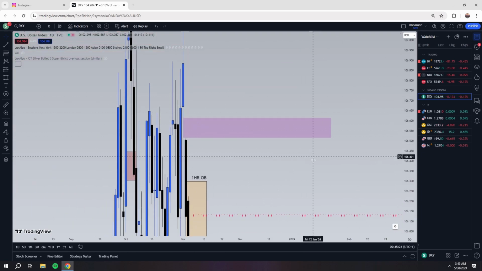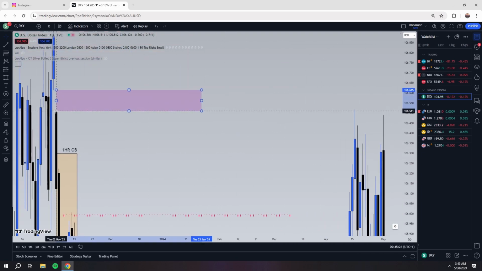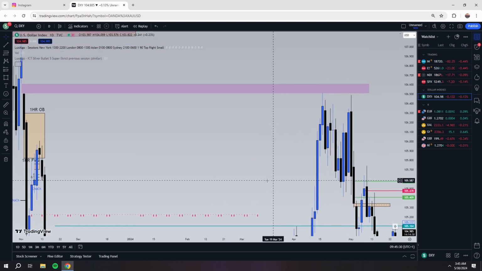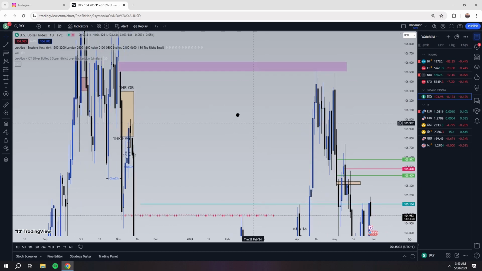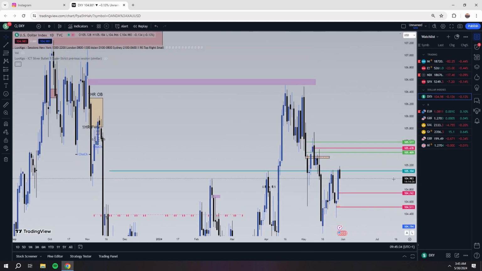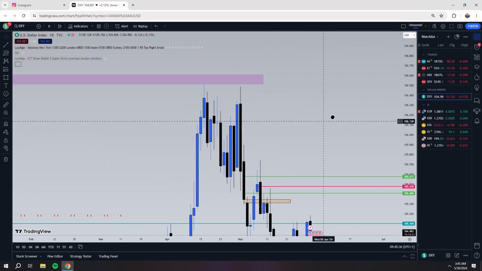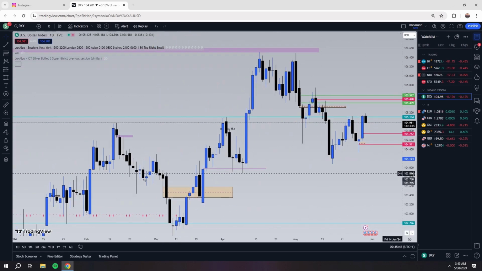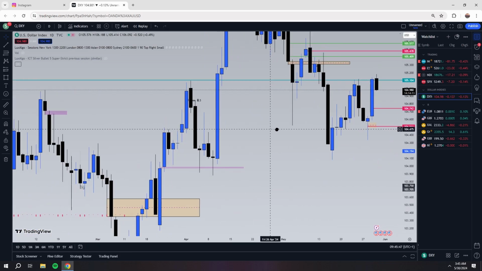We have that marked out right there. As you can see, this was in November, right? Literally in April, we finally met up with the liquidity void, tapped into it, went down, didn't tap back into it but reached near it, and then continued further downwards. So that's a bearish liquidity void.